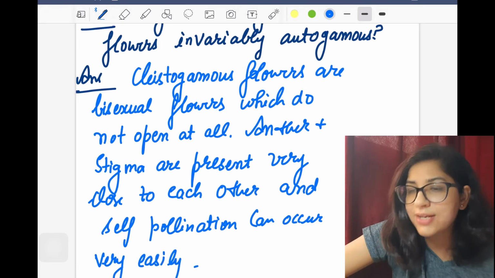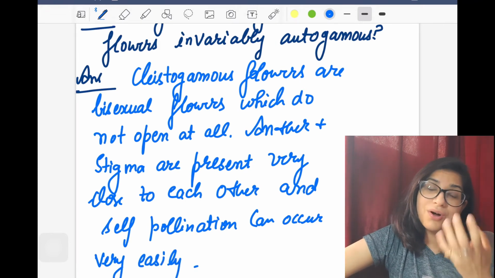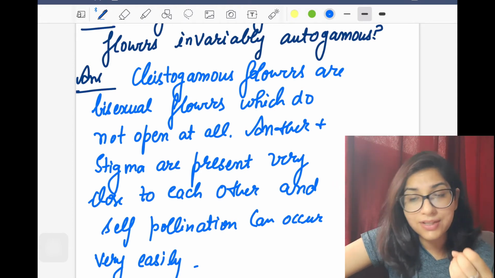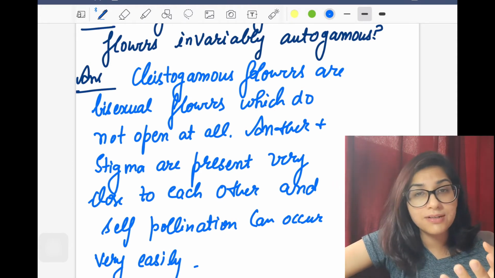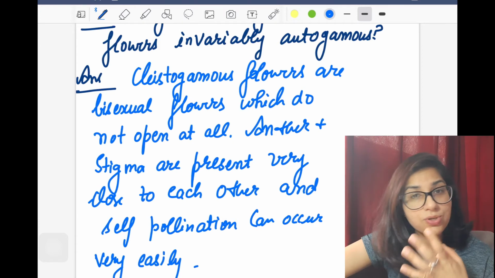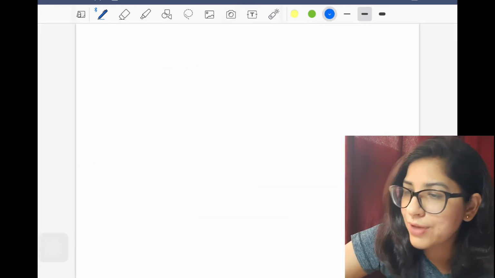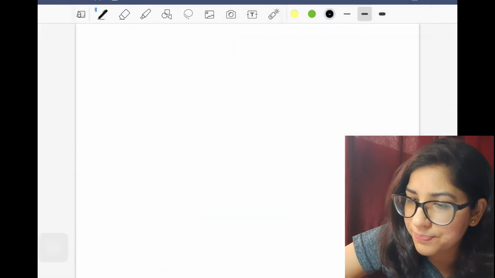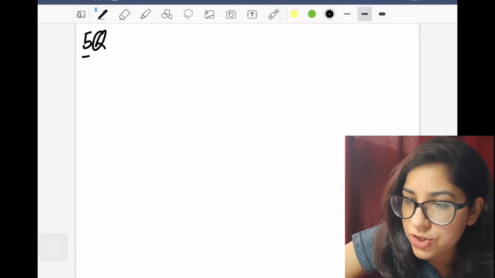So if you are clear with autogamy, with the term Cleistogamy, and with Chasmogamy, then I don't think you will ever do this question wrong, right?